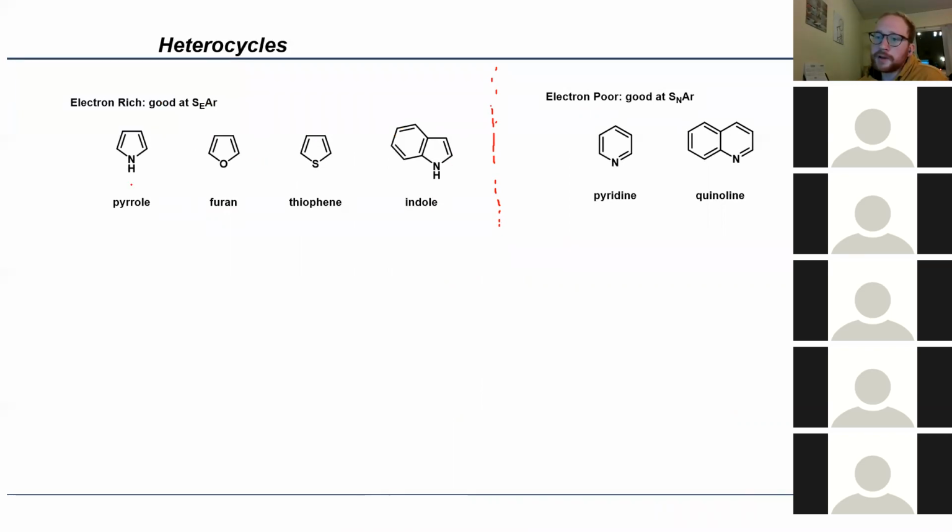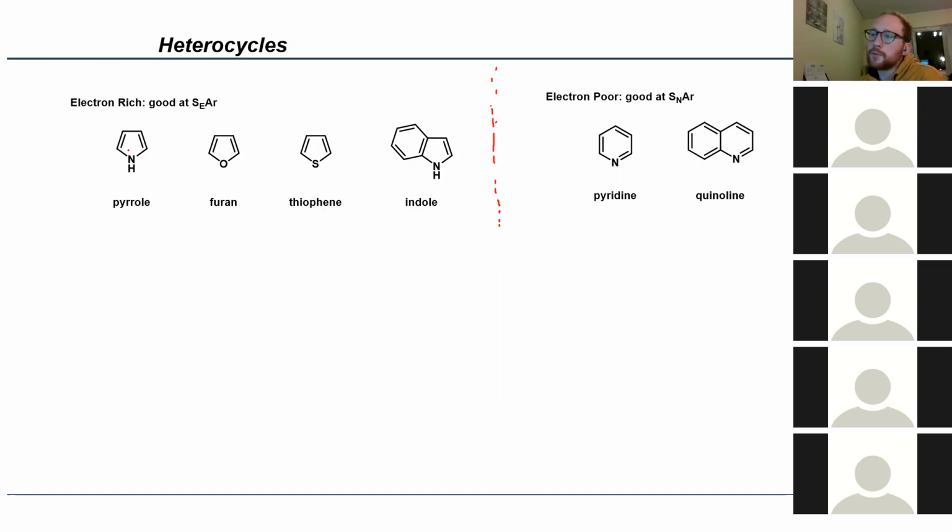The very basic ones that we learned are pyrrole, furan, thiophene, and my personal favorite, indole, which are some classic examples of electron-rich heterocycles. They do electrophilic aromatic substitution quite readily.